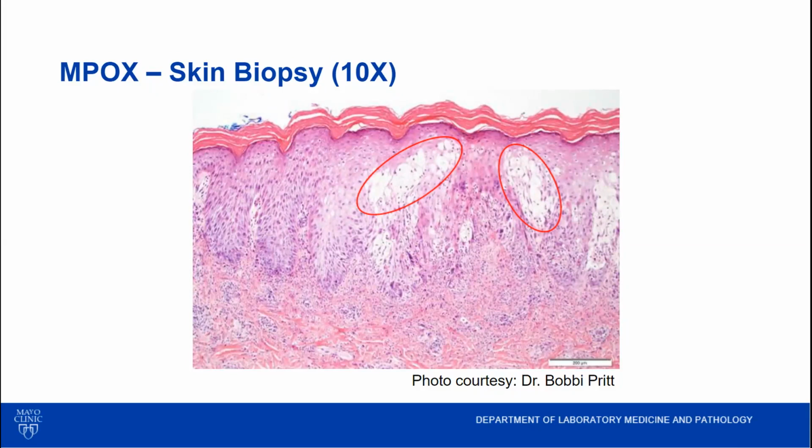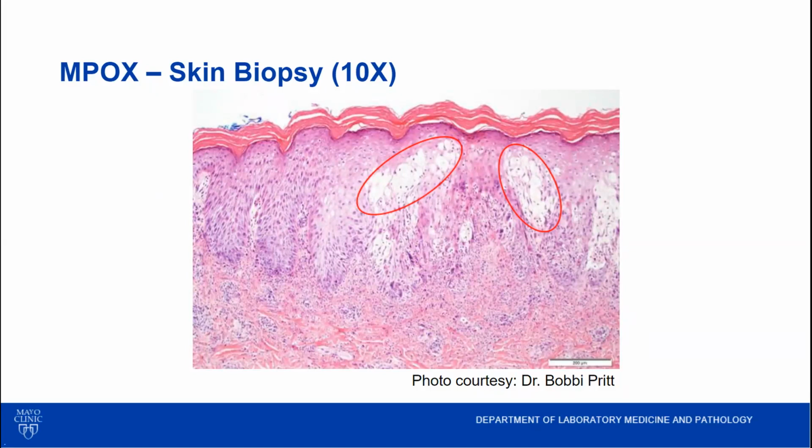So this is basically where fluid is filling these areas and causing these opening areas where there should be dermal cells. And this is actually where the vesicles would occur over the course of the next few days if this were allowed to progress. So this is, again, fluid-filled vesicles resulting from MPOX virus infection.